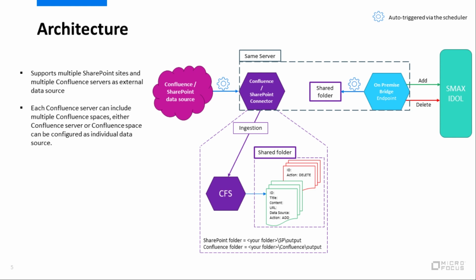So you need to provide one additional server where you simply install this connector and an on-premise bridge. By doing so, you can get the data from your SharePoint or Confluence server into SMAX IDOL, which is then represented in the SMAX UI.